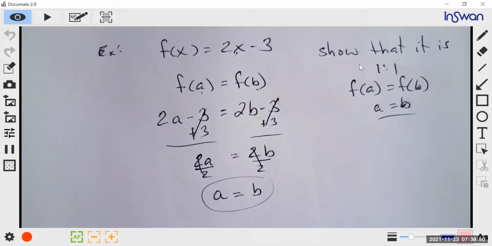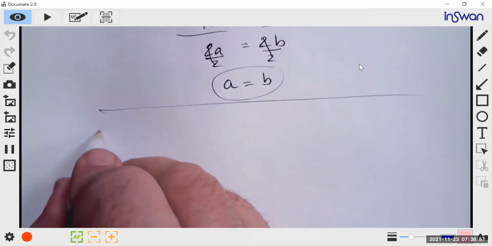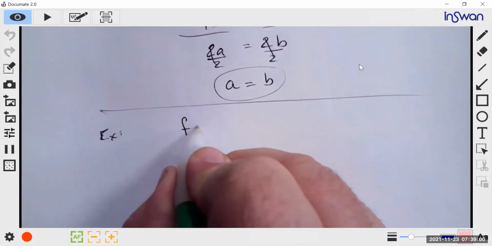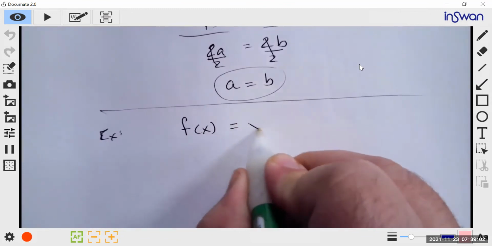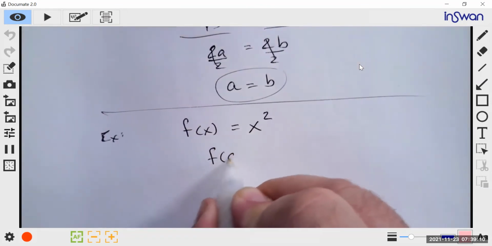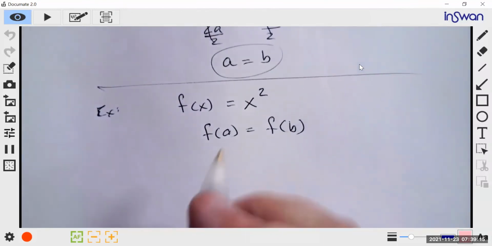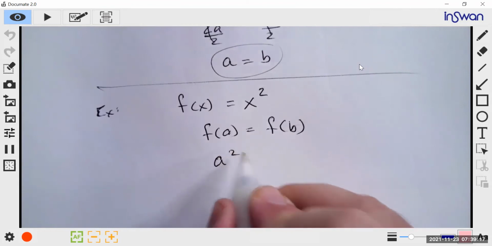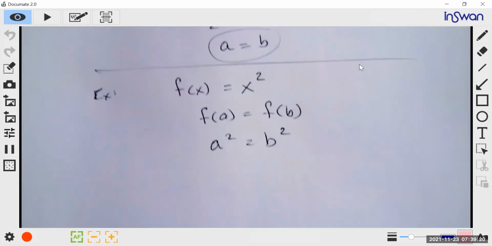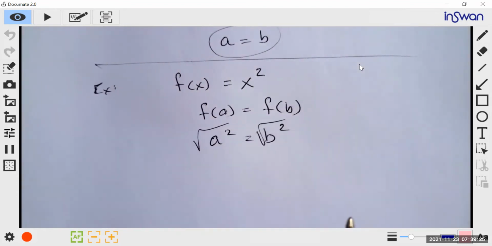Okay, let's look at another example, of a function that's not one-to-one. To prove that it's one-to-one, we have to prove this. So we have a squared equals b squared. To get rid of the square, we have to square root both sides.